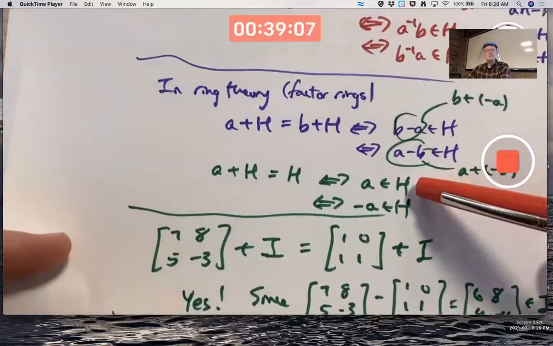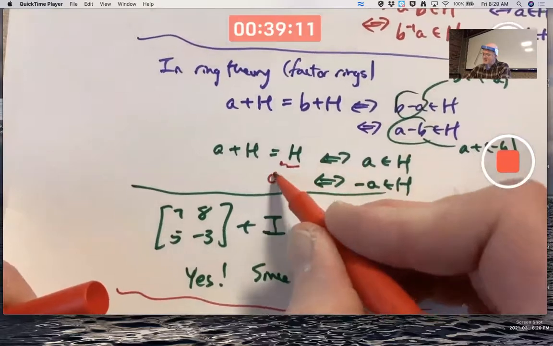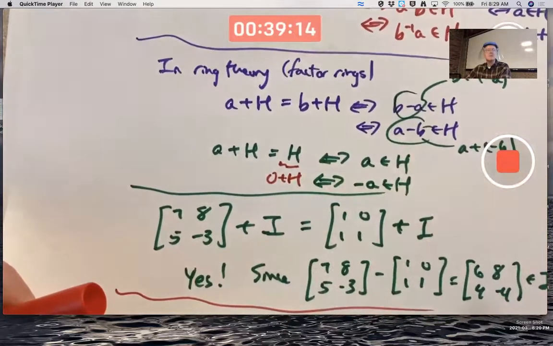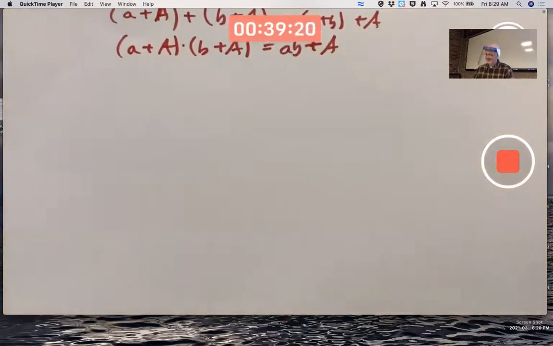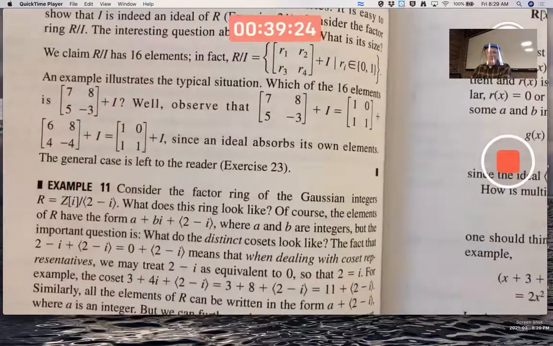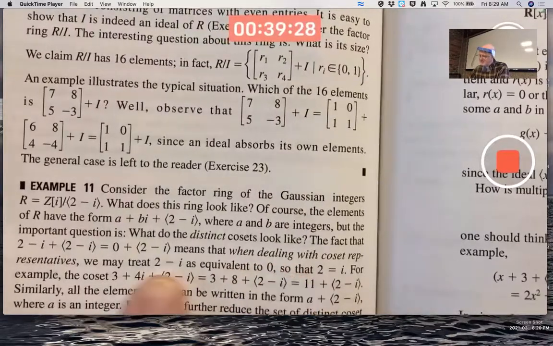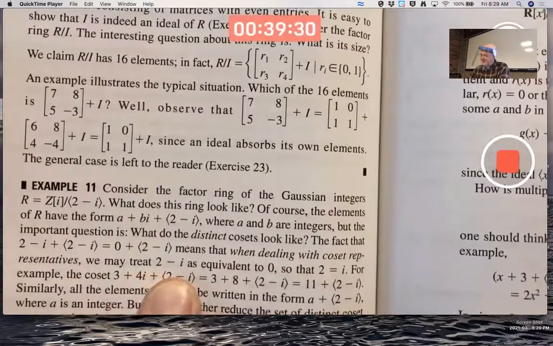It's that fact right there. H is the same as 0 plus H. And this means that when dealing with coset representatives, we may treat 2 minus I as equivalent to 0.